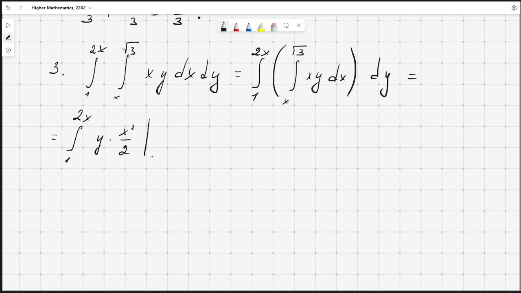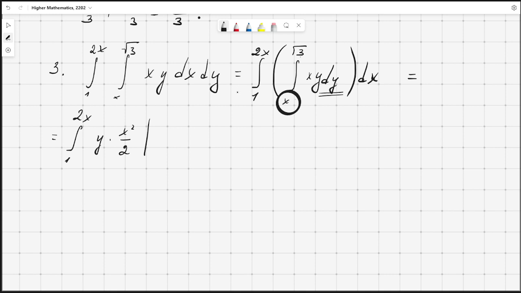It is not very good, because look, this x, we cannot integrate with respect to x. y is x, y is root of 3.